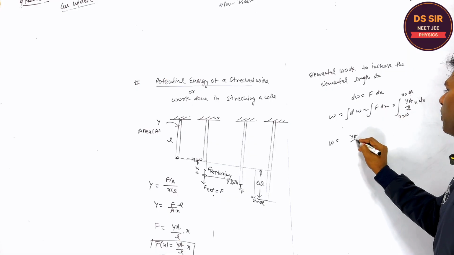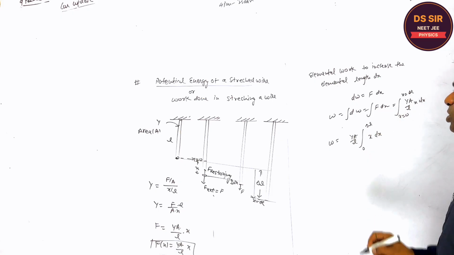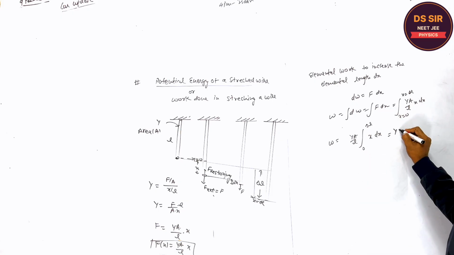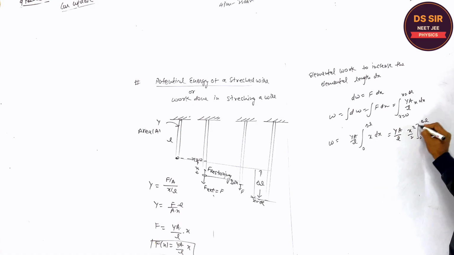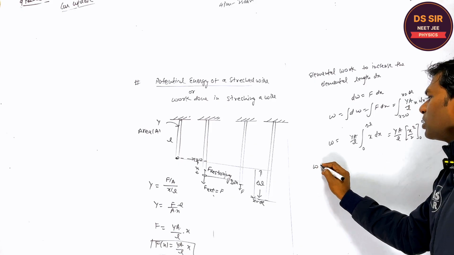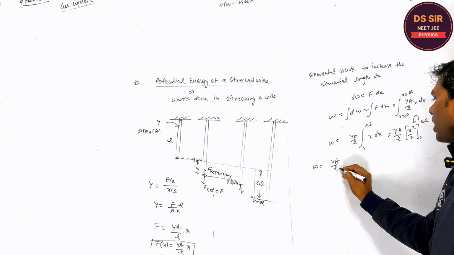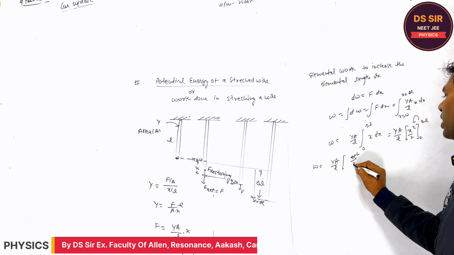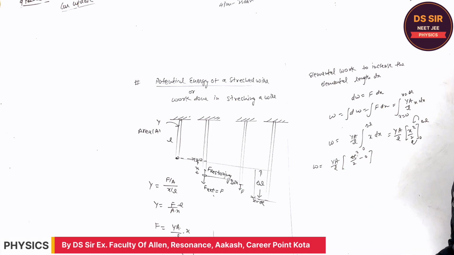YA upon L is a constant, and this is x into dx, to be integrated from 0 to delta L. So this is YA upon L, and the integration of x is x square by 2, from 0 to delta L. Now put the limits. This is the upper limit, YA upon L delta L square, minus the lower limit, which is equal to 0.